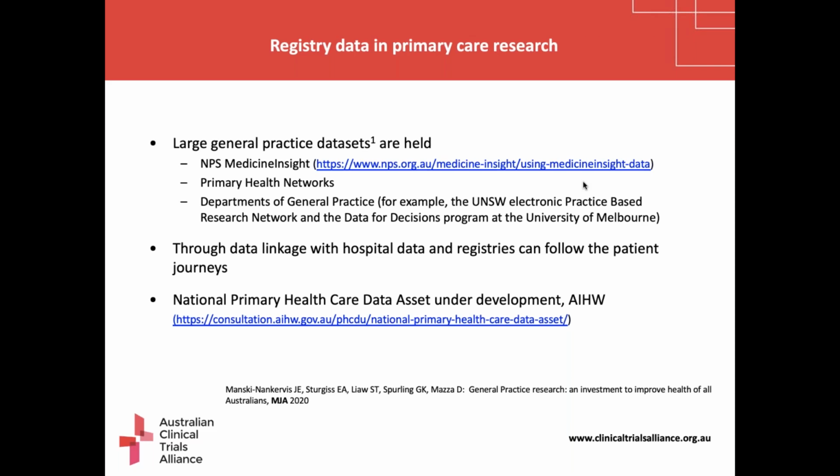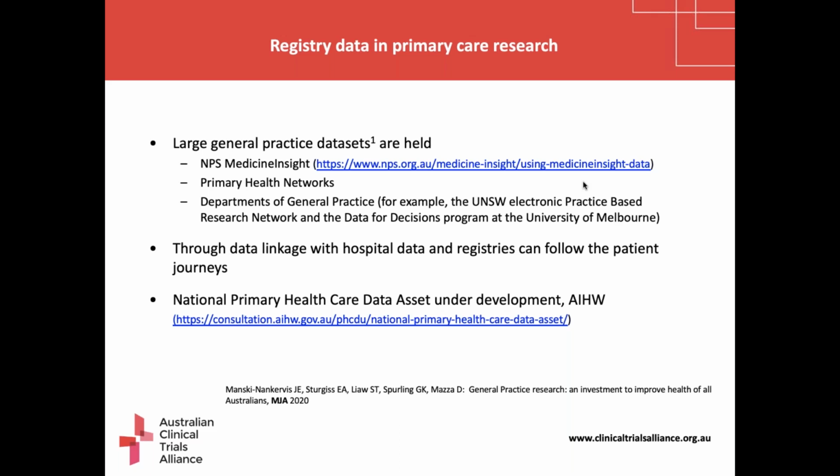So, with registry data in primary care, there are several large general practice data sets that are currently held in various places. So, I've got the NPS MedicineInsight data set. A number of primary healthcare networks also hold large general practice data sets, as well as several departments of general practice. And these are usually data sets that are drawn from general practices' electronic medical records.